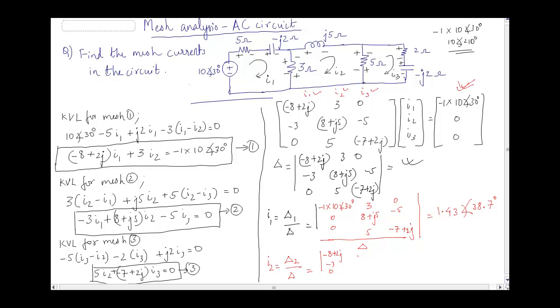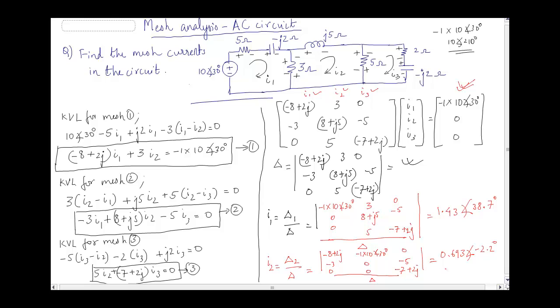Here I have replaced it and got minus 1 into 10 angle 30 degrees, 0, 0, and here again the last column 0, minus 5, minus 7 plus 2j, the determinant of that divided by delta, and I will get the answer as 0.693 angle minus 2.2 degrees.